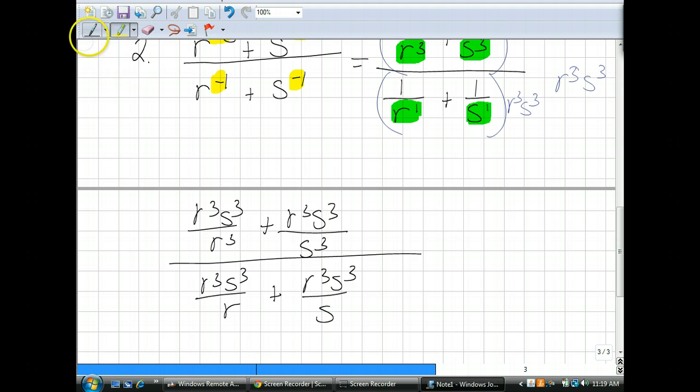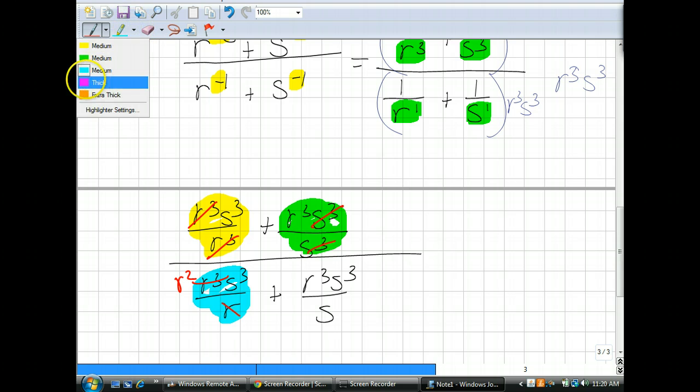Now I come back and I simplify this. Notice that the r cubes cancel and it just leaves me the s cubed. Then I simplify this rational. Notice that the s cubes cancel and I'm just left with the r cubed. In the denominator, we have an r that cancels, so we're left with r squared s cubed.